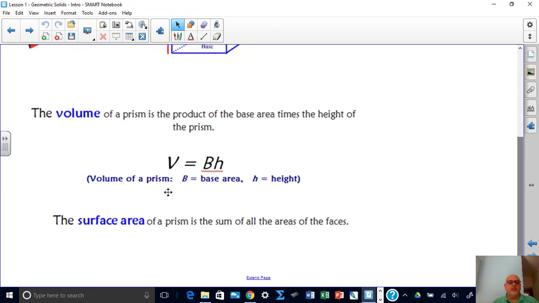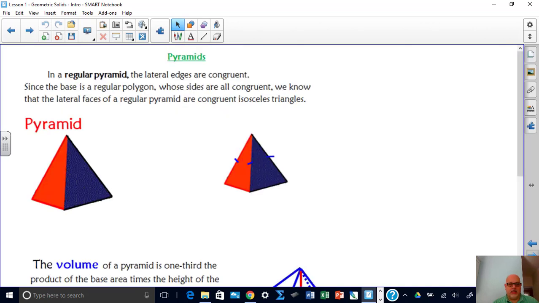The surface area of a prism is the sum of the areas of all the faces. So if it's a rectangular prism, you'll have 6 sides to add up. Every 2 will be congruent. And on a cube, you'll be figuring out the area of one side and multiplying by 6.